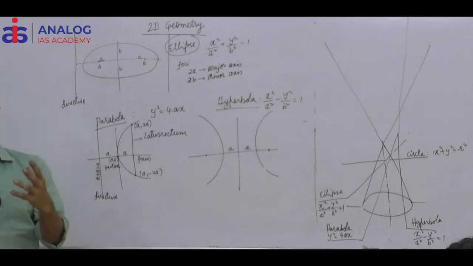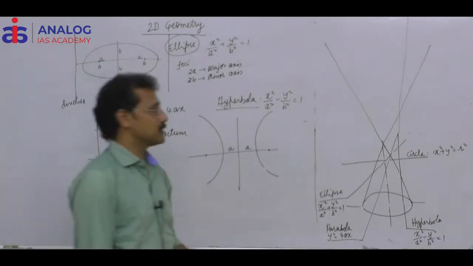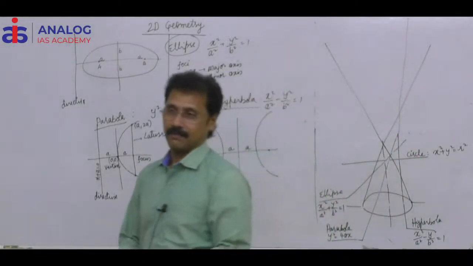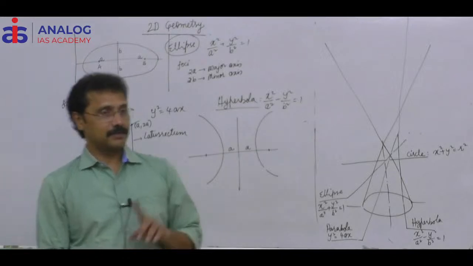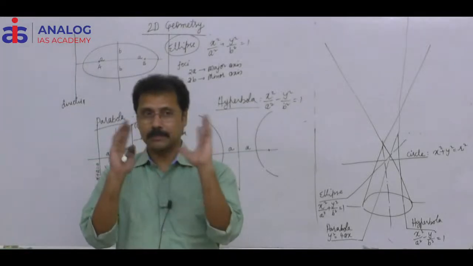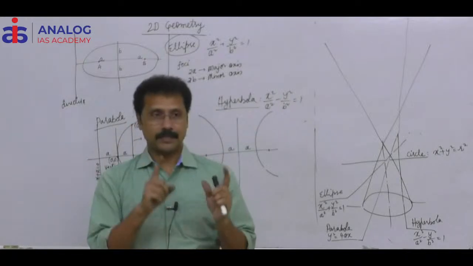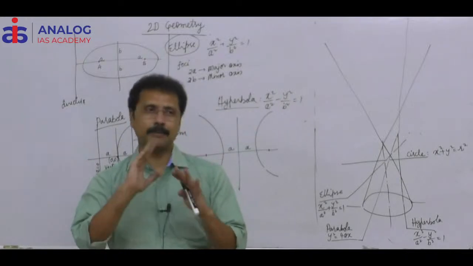Because you know what is the definition of a cone? The definition of a cone is that it is the locus of a straight line in 3 dimensions. Imagine this in 3 dimensions. It's a straight line that keeps moving.